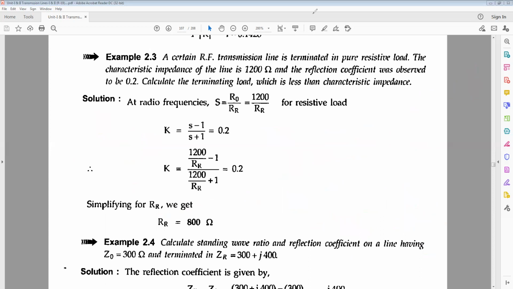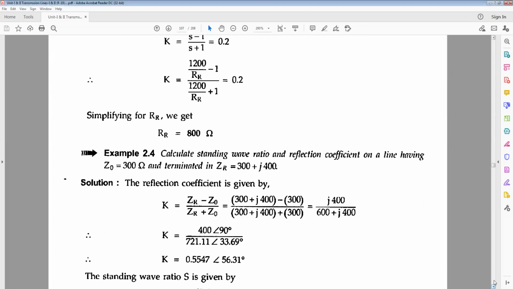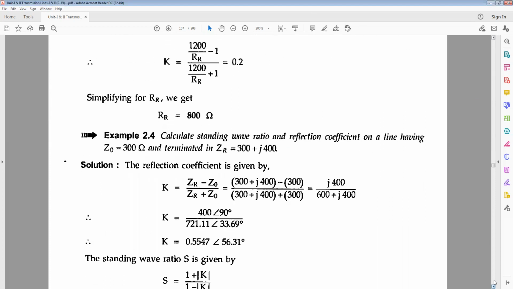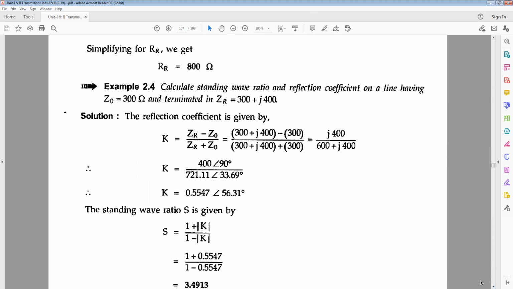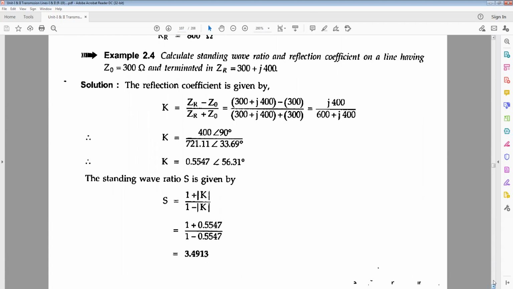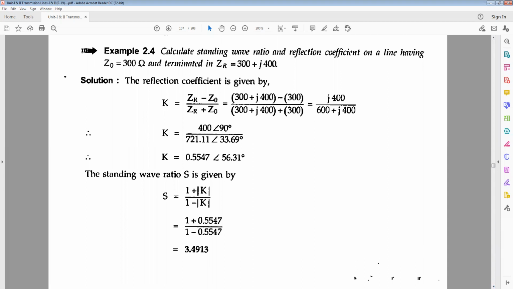Then go for the next example. Calculate the standing wave ratio and the reflection coefficient on a line having Z0 equal to 300 ohms and terminated in ZR equal to 300 plus j400. They are asking to find the standing wave ratio S and the reflection coefficient K for the given Z0 and ZR.